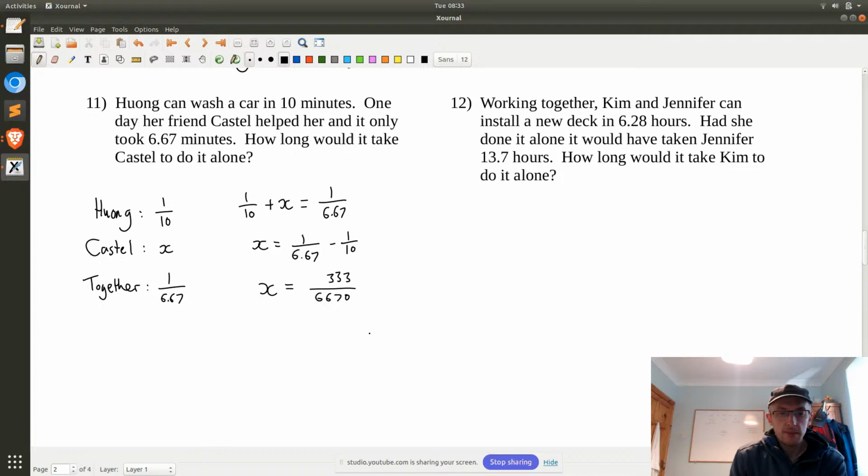And then we decimalize it and find it to the nearest hundredth. So it would take Castell, and I apologize if that's not the real way to say that name, 20.03 minutes.